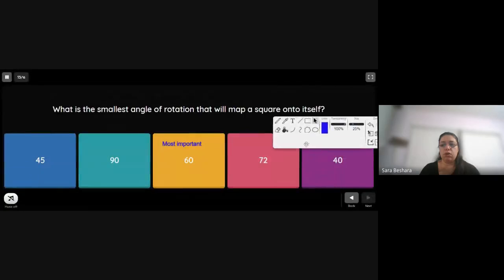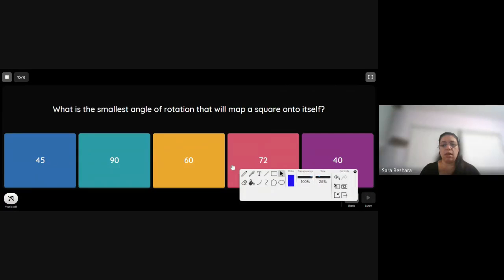So what is the smallest angle of rotation that will map a square onto itself?